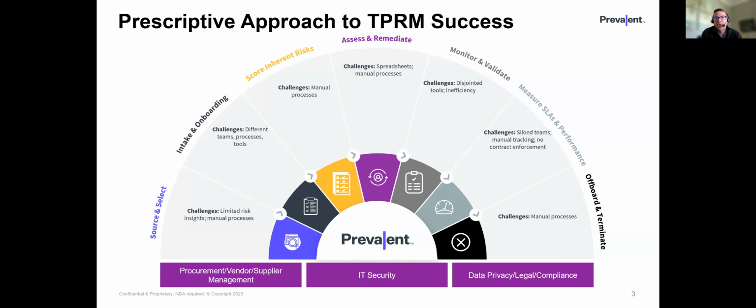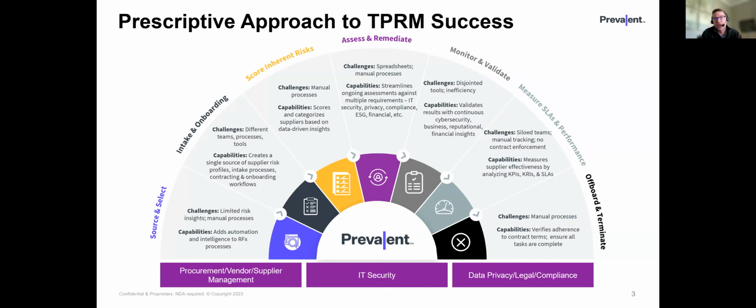And when it comes time to terminate that relationship, what are the offboarding tasks and tactics that need to be performed to make sure that you're not exposed to unnecessary risk after that arrangement comes to an end? That's our approach, is to address those particular challenges at every one of those stages of the life cycle.